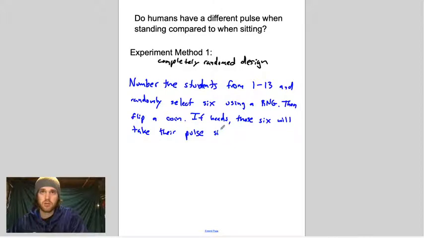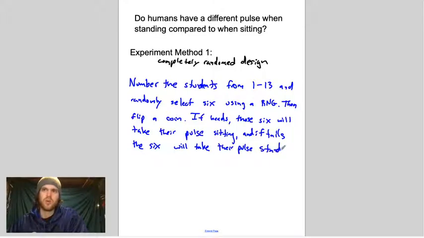Sitting. And if tails, the 6 will take their pulse standing. Isn't this fun?